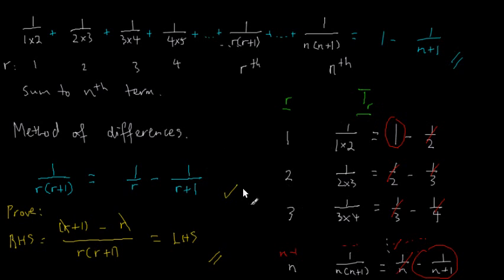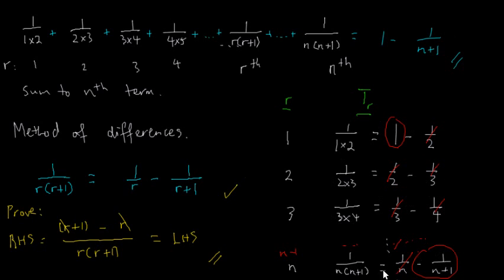It looks like a rather complicated set of steps, but it ends up with quite a simple solution in the end. Just 1 minus 1 over n plus 1. And we see that all the terms cancel.